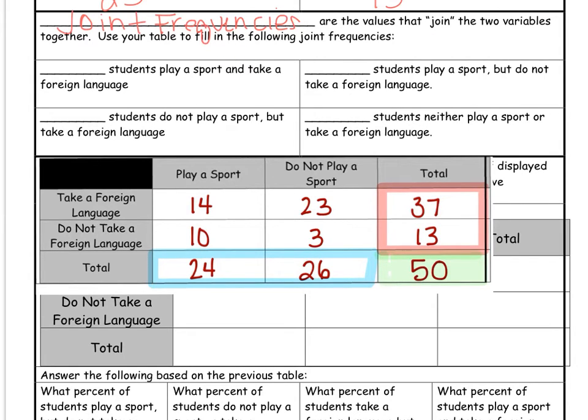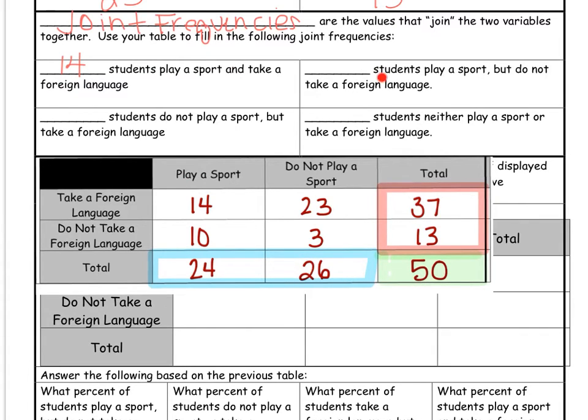That's how you know it's a joint frequency. So if we want to know how many students play a sport and take a foreign language, that's where we go. Play a sport and take a foreign language are 14 students. So 14 students play a sport and they also take a foreign language.